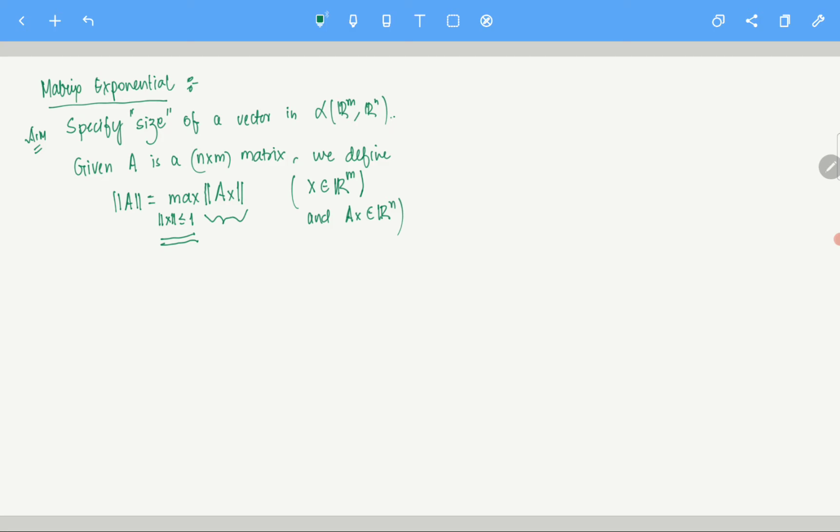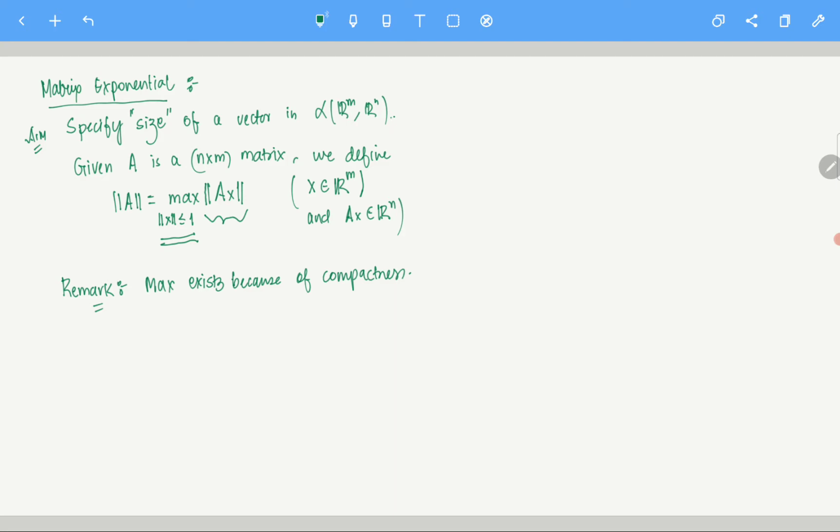Now the question is this: does the maximum exist? What do you guys think? Of course it does. So the small remark is this: the maximum exists. Why does it exist? Because of compactness, right?